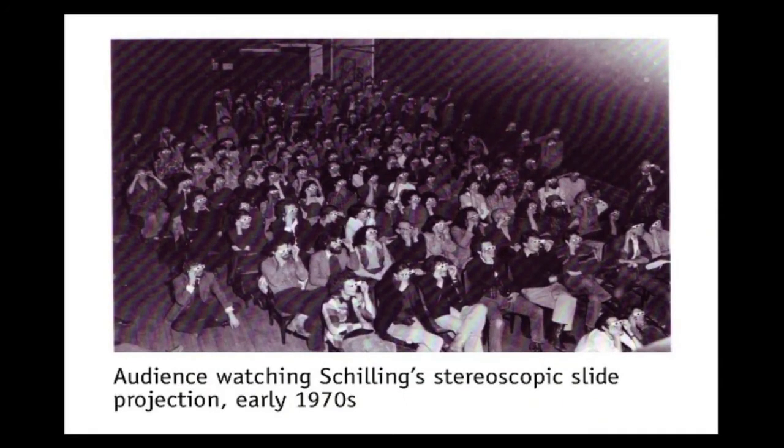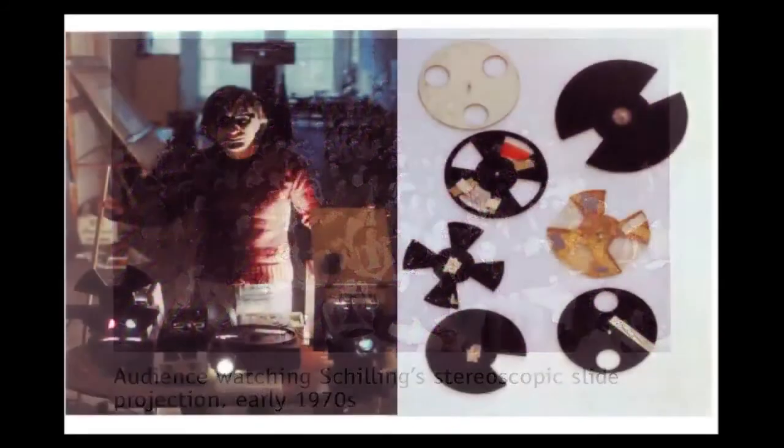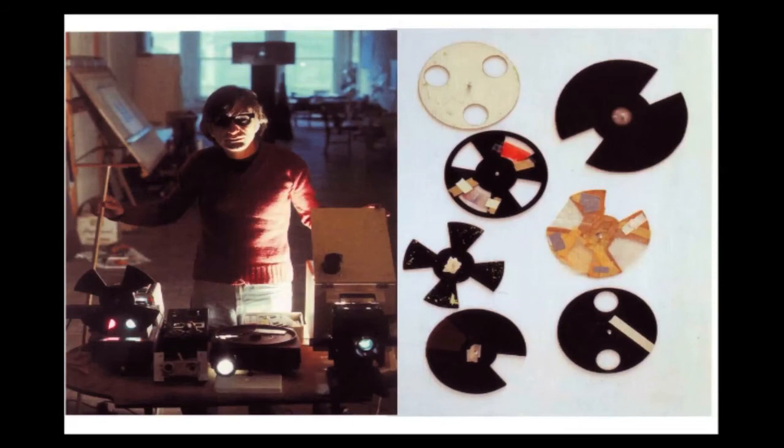What's even more interesting is that he got interested in creating performances using 3D projection. This is a picture from an early 1970s Schilling stereo projection in New York. And the way he did it was using two slide projectors side by side.